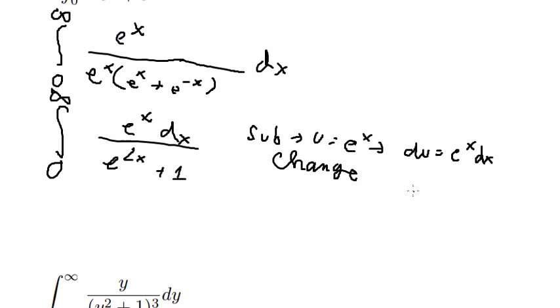So we put about u, s equal to 0. So u should be about number 1. S equal to positive infinity. So u should be about positive infinity.